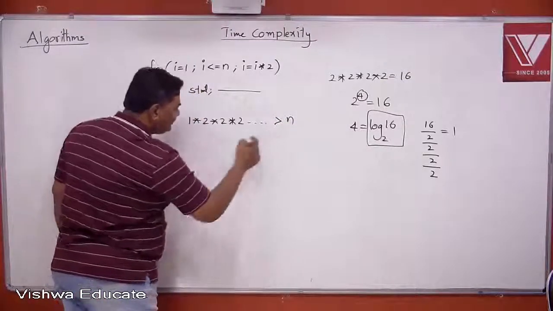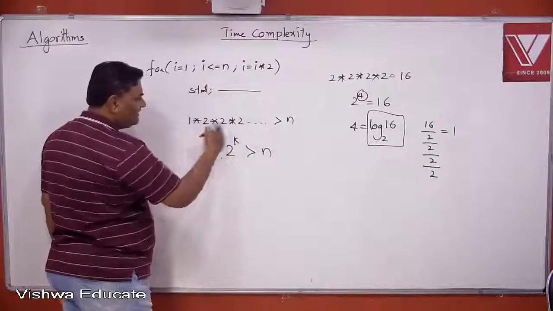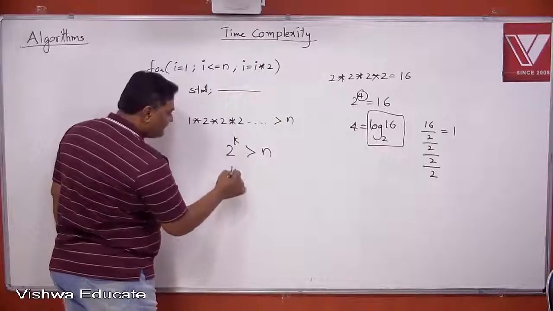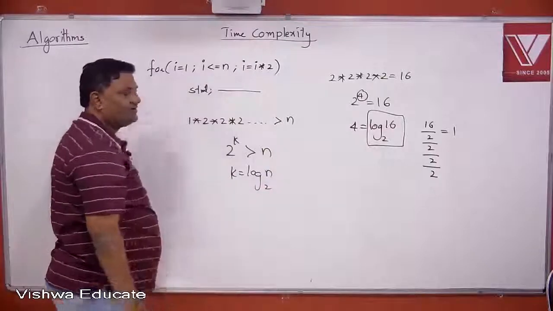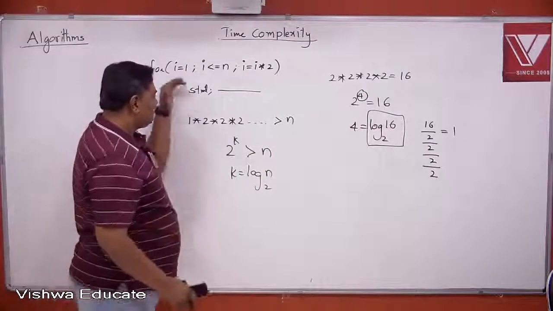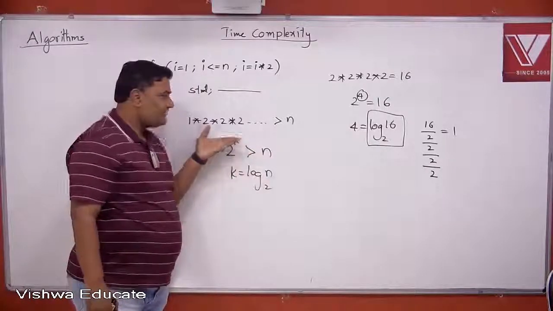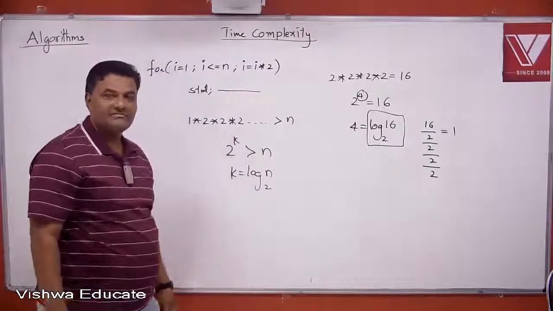So how many times is this multiplied? 2 power k is greater than n. We don't know how many times, so k. So k is log n base 2. That's how we got the answer, log n base 2.